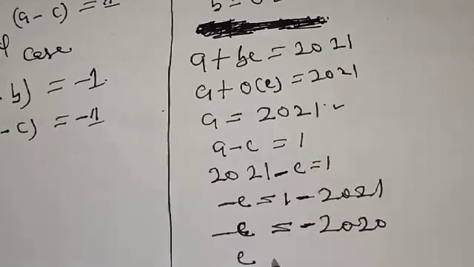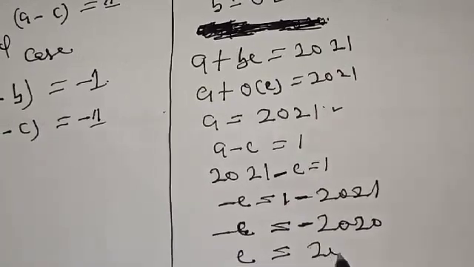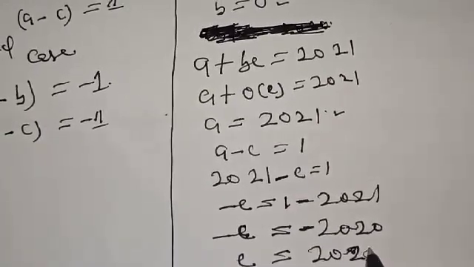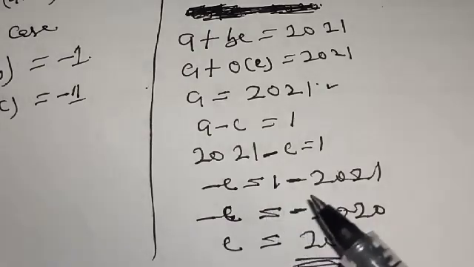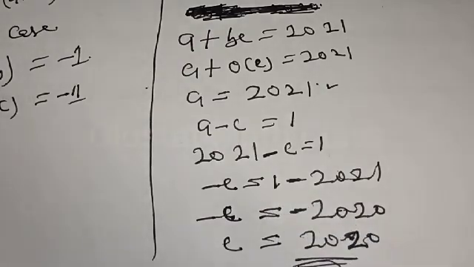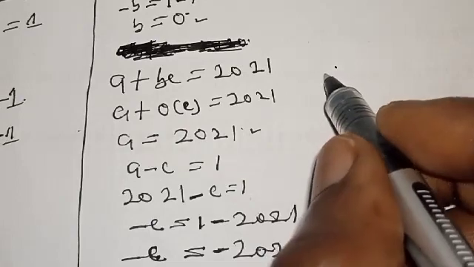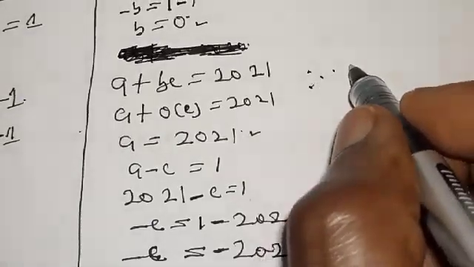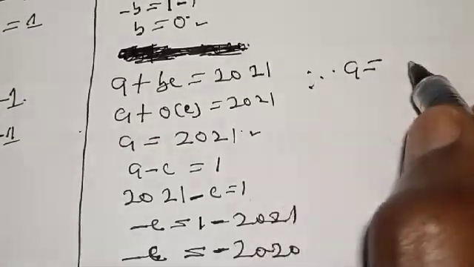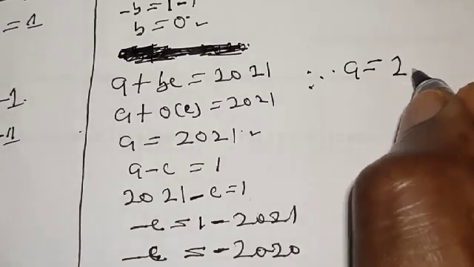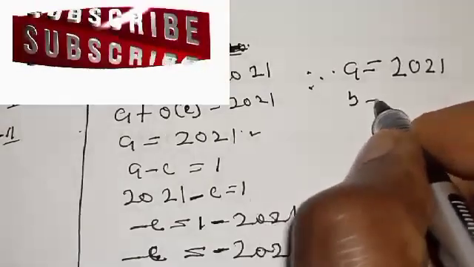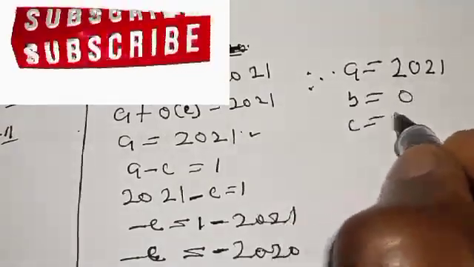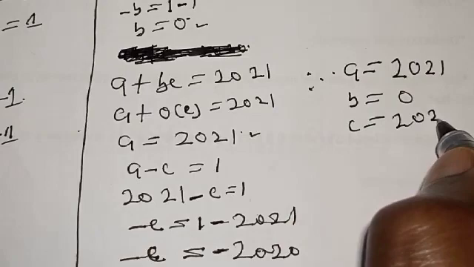Then C will be equal to 2020. In order to get the value of C, you may also substitute for B and A in equation 1, so you also get 2020. Therefore, from the first case, we have A equal to 2021, B equal to 0, C equal to 2020.